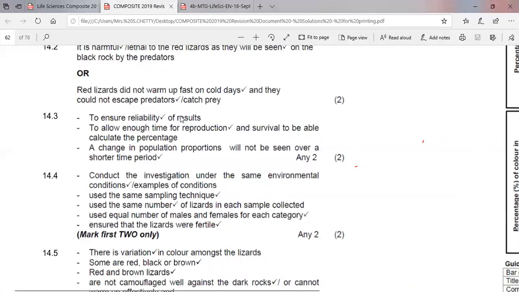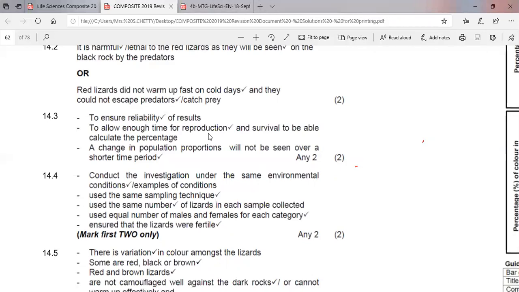To ensure reliability of results, 1 mark. To improve reliability, also to allow enough time for reproduction and survival. So you can't do it over a short period of time. Okay, I like this one here. To allow enough time for reproduction and survival to be able to calculate the percentage. You must give enough time for reproduction.